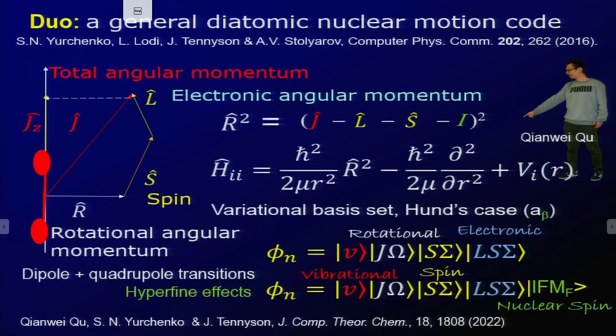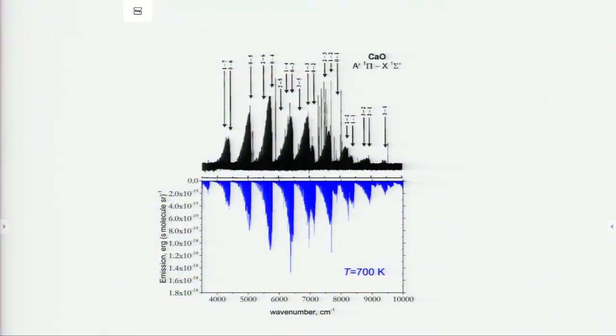So let's move on. So we talked about calcium oxide. This is what the lowest electronic state spectrum actually looks like. And going up is the measurement with the assignments of the vibrational state.